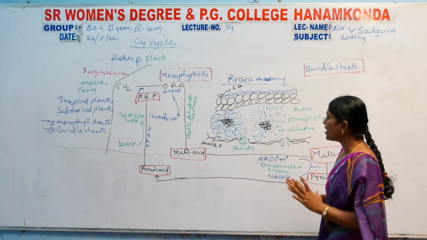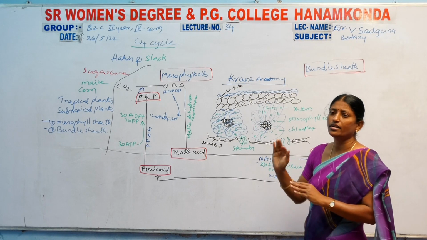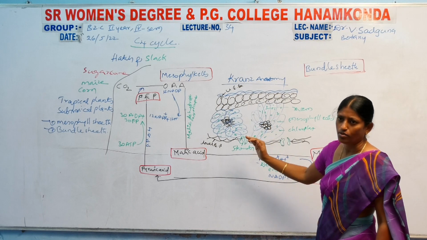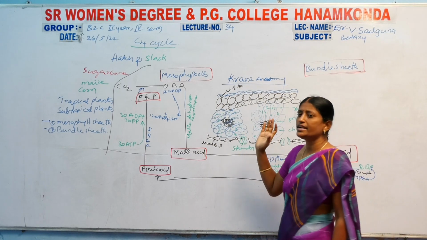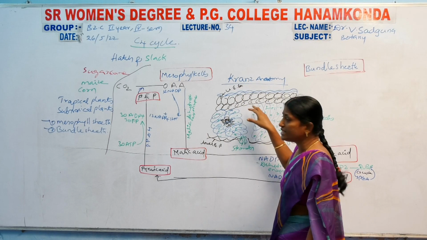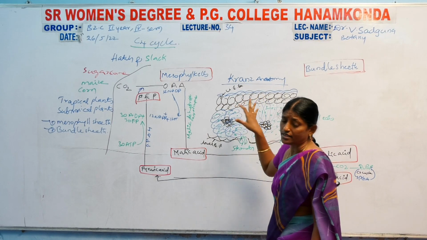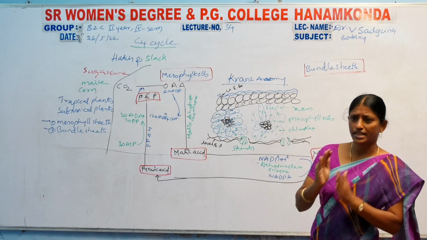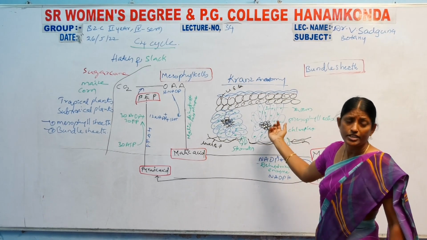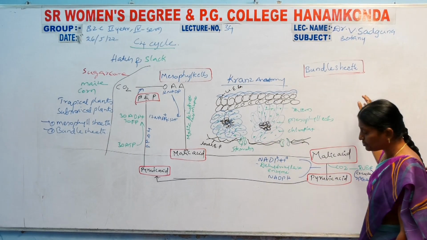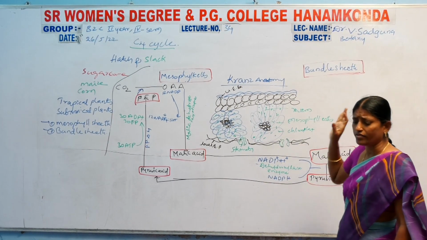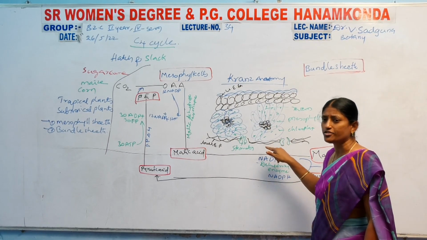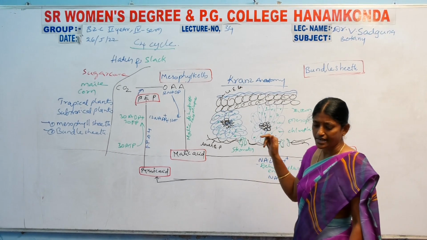Then the Kranz anatomy, we can observe only in maize and corn kinds of plants. Then this type of anatomical structure has the reaction mechanism going on, the carboxylase kind of activity. This activity is going on completely in the PS1 and PS2 reaction centers.